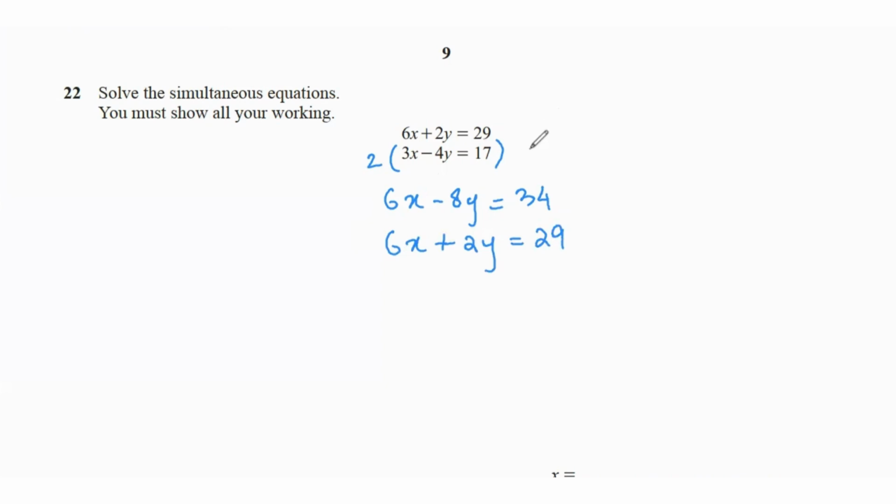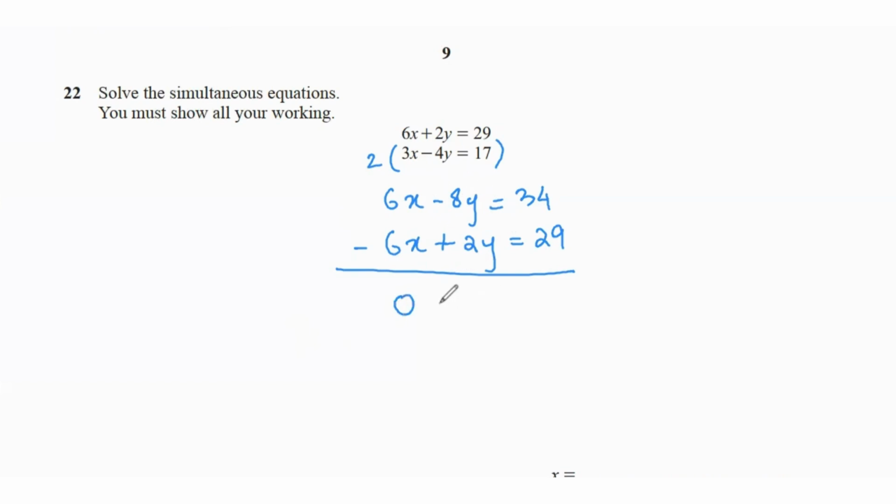Since we're eliminating x over here, I'm going to subtract the 2 equations because the sign of x in both equations is positive. In order for me to eliminate it, I need to subtract them, because if I was adding them, x wouldn't get eliminated. It would still be there. So to eliminate x, we will subtract the 2 equations. 6x minus 6x is 0.